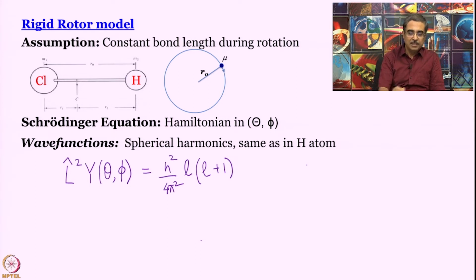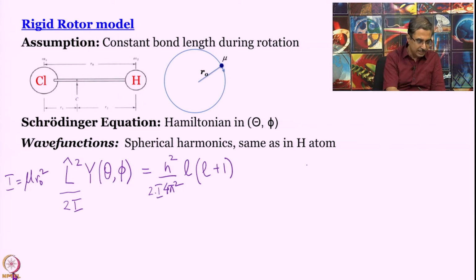How? Remember the relationship between kinetic energy and angular momentum. It is L square by 2I, isn't it? So, if I take this L square operator and divide by 2I, what is I? I equals mu R0 square. Then what do I get? I get h square by 4 pi square multiplied by 2I multiplied by L into L plus 1.